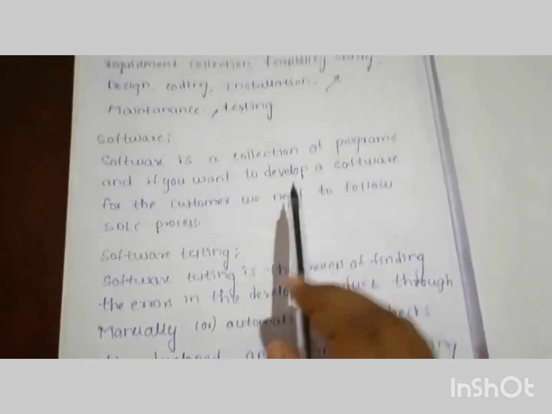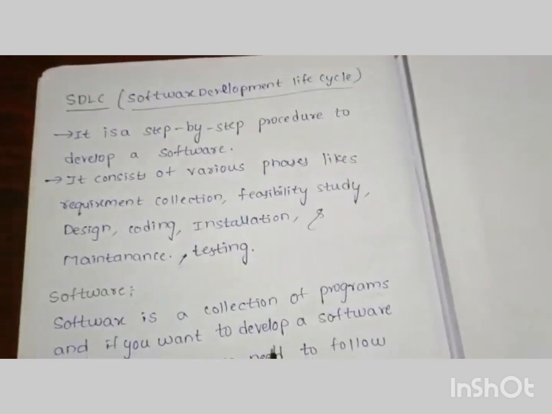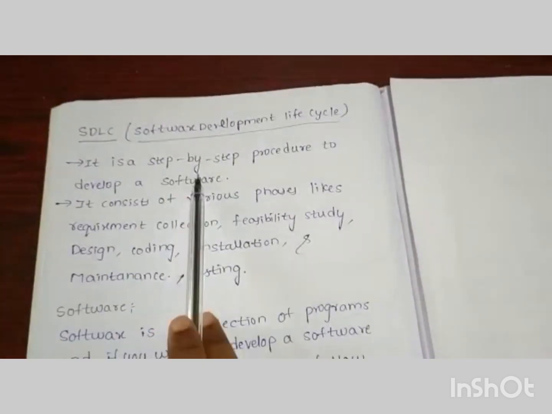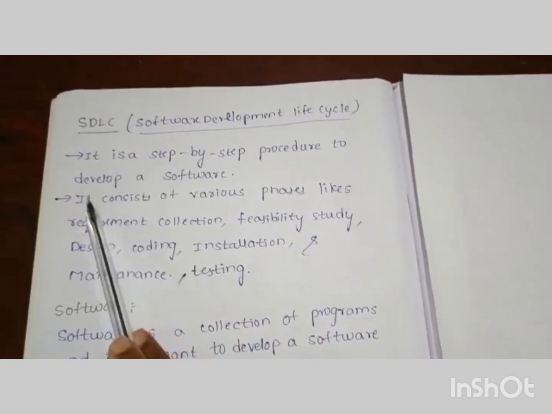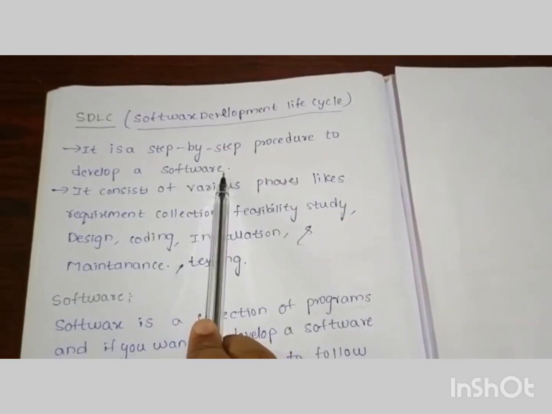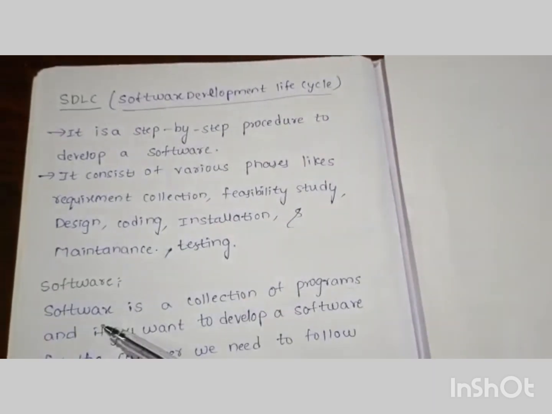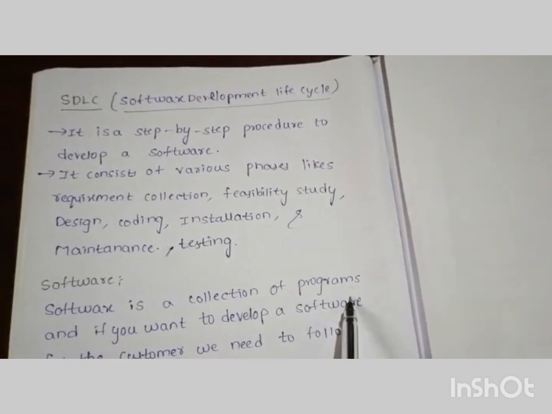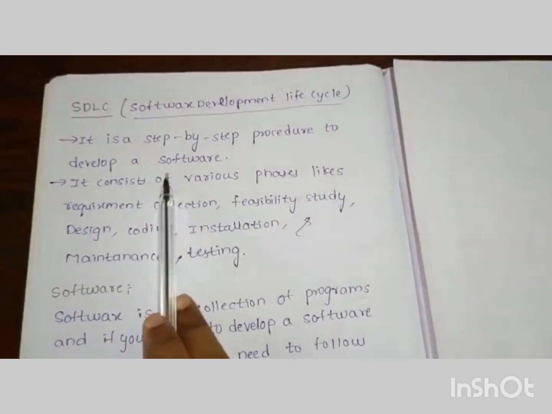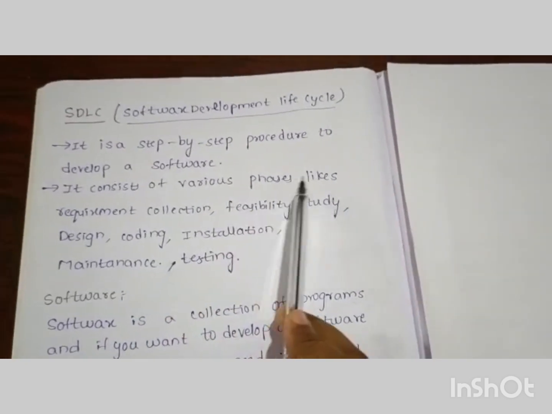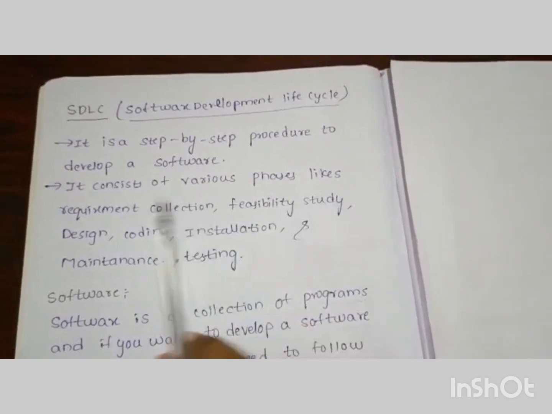So now we will discuss the software development life cycle. It is a step-by-step procedure to develop a software. As we have learned before, software is a collection of programs. In the SDLC process, we have different phases.